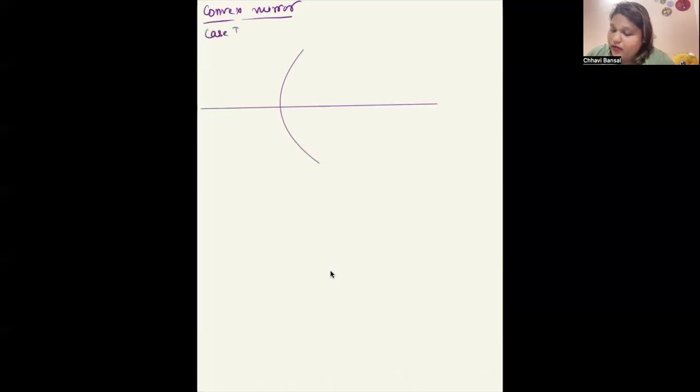Case 1, object at infinity. This is pole, this is center of curvature, this is focus. Now, if the object is at infinity, the rays coming from the object will be parallel to the principal axis.